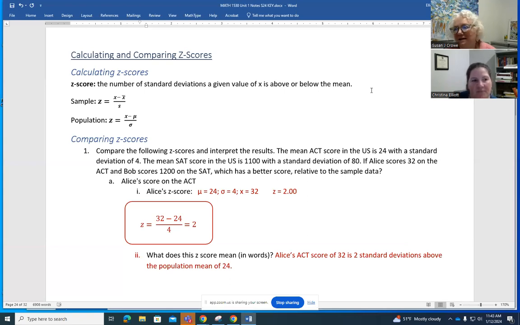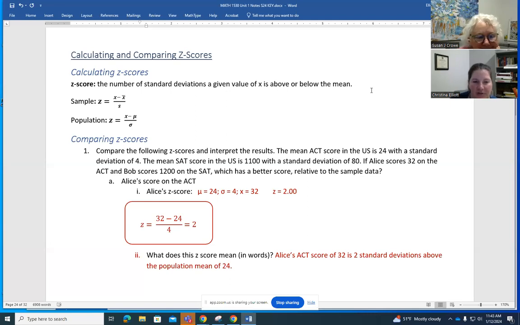Alice took the ACT and Bob took the SAT. How can I compare their scores? I can find z-scores for them, standard scores. It's very difficult to compare an ACT score to an SAT score, but if we compare their relative standing in the population, it's easier to see what's going on.